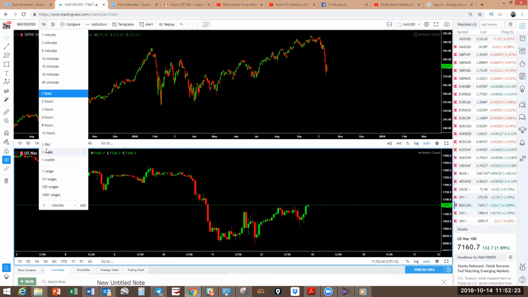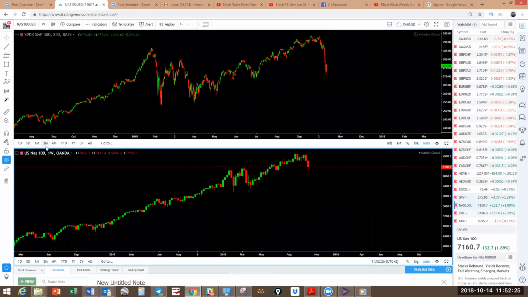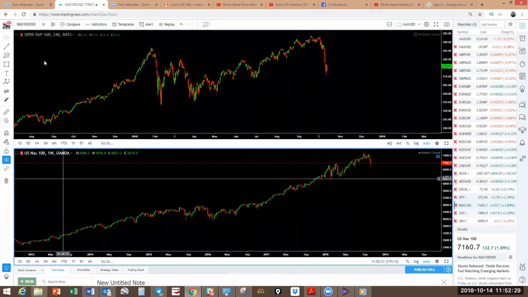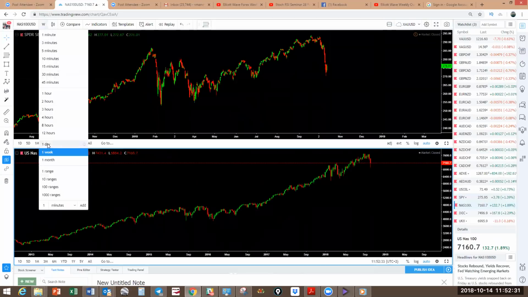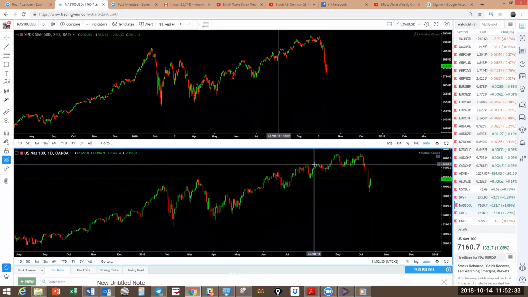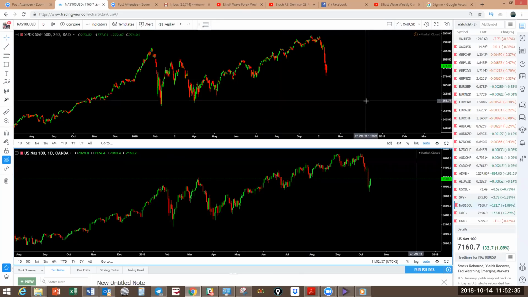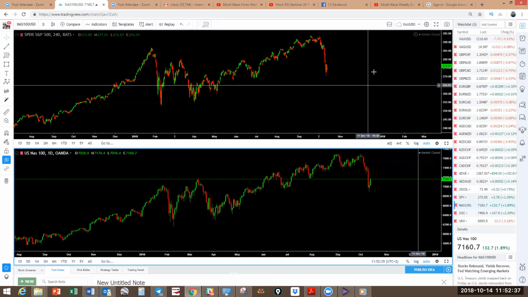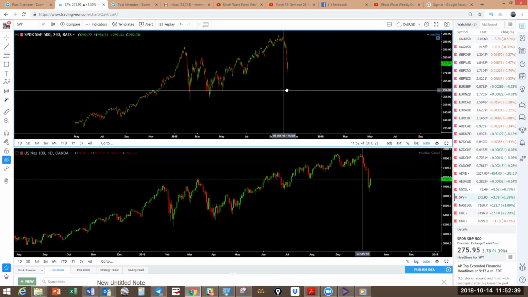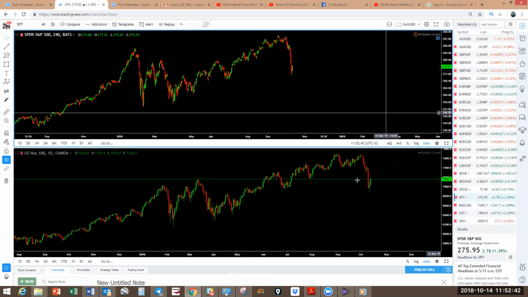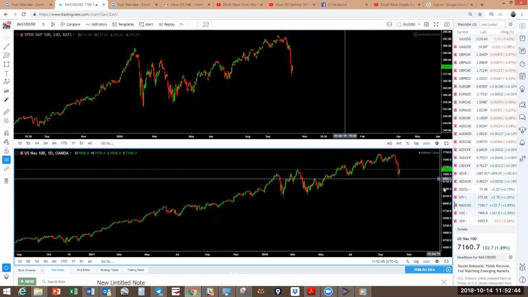Daily on both, daily rather, not the weekly. Let's bring them all up. Okay, so we've got the S&P 500 at the top, we've got the NASDAQ at the bottom.